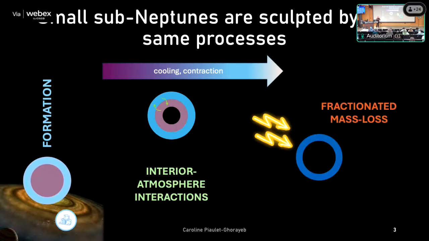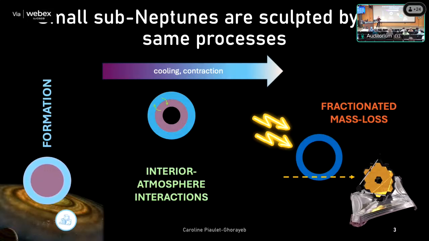And over time, as the planet cools down, and maybe even the magma ocean may solidify, they're further sculpted by these mass loss processes, and that could even lead to compositional evolution as well, as you lose preferentially lighter species. But the interesting thing about small sub-Neptunes is that just from their density alone, we know that there is an atmosphere to speak of and to potentially characterize with telescopes such as JWST.